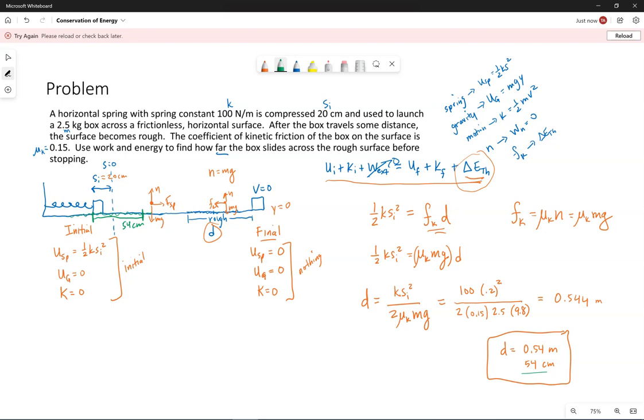I'm not sure why this particular problem chose to do it that way, but the approach to the problem would be the same even if the friction was all the way on the whole floor. And d would be the distance the box slid while friction was acting on it. The setup would end up being the same.